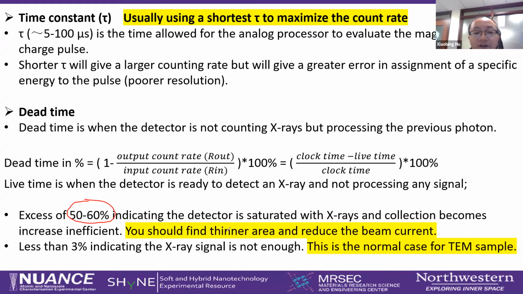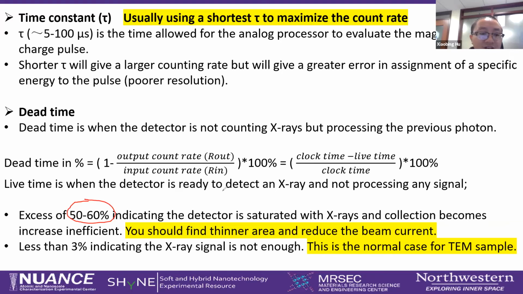You can find a thinner area, or reduce the beam current, and you can also reduce your time constant. You need to pay attention to this, because if the detector is saturated, you will include many errors, and particularly your quantification will be very inaccurate.